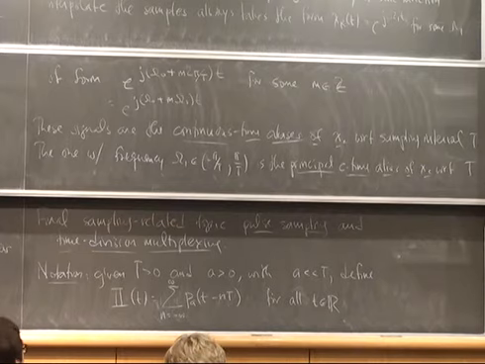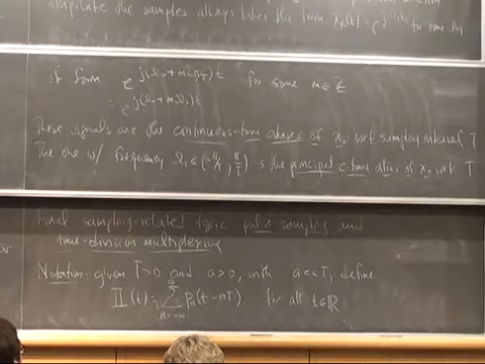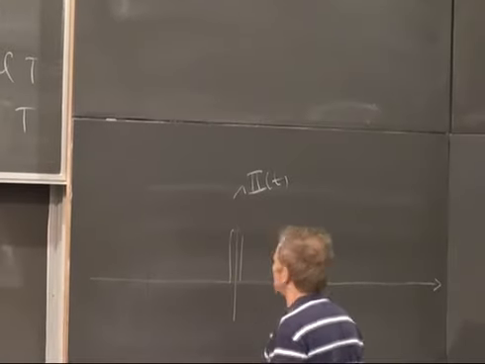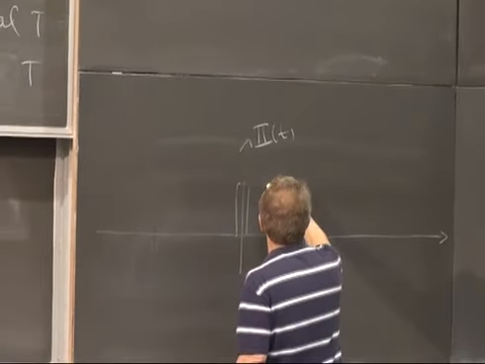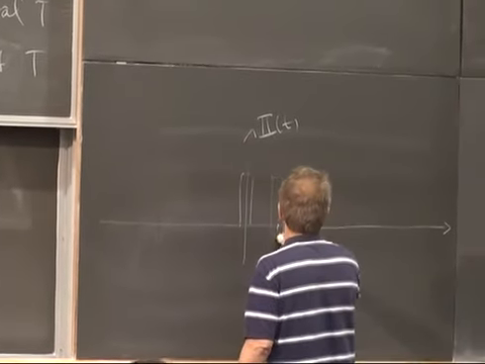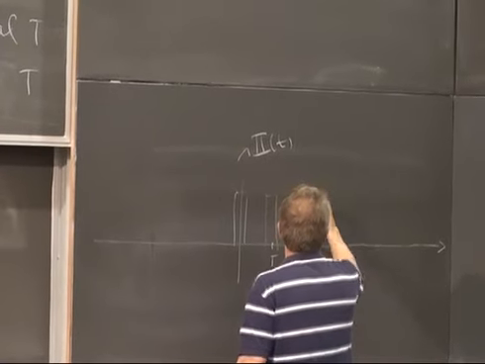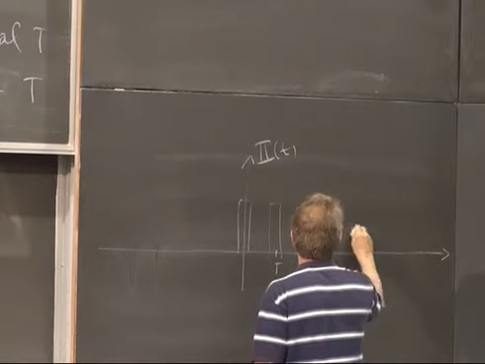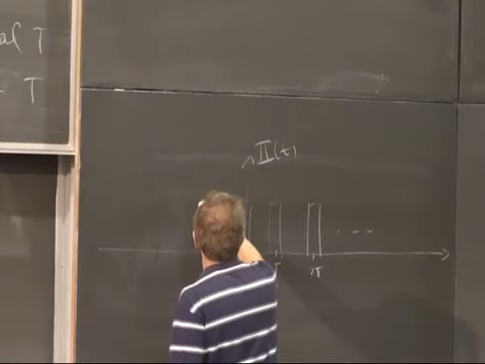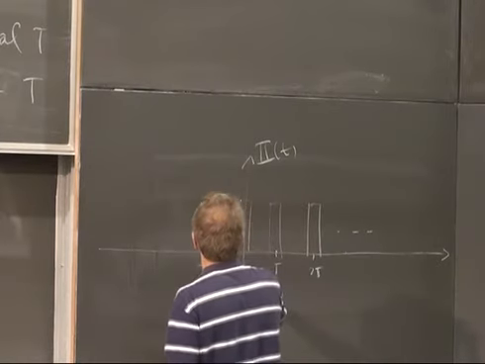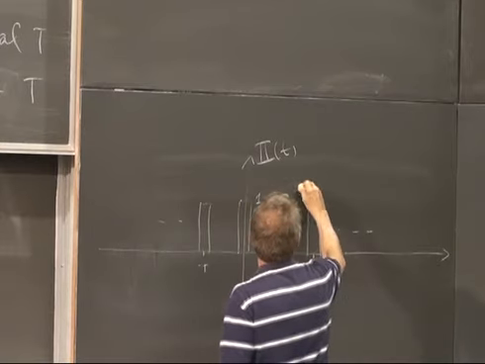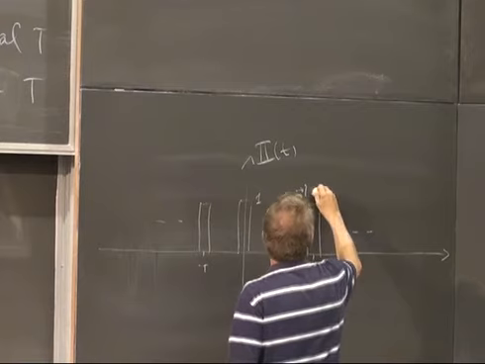So if we graph it versus t, it has a pulse of width a centered at t equals 0, a pulse of width a centered at t equals capital T, one at t equals 2T, and so on. And then there's one over here at minus T, and so on in that direction. These all have height 1, and they all have width a.